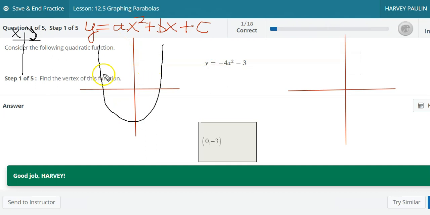And at the bottom of the parabola, there's going to be a point, and I'm just sketching here, that's called the vertex. And this vertex, since it's a positive value for a, is going to be the minimum.